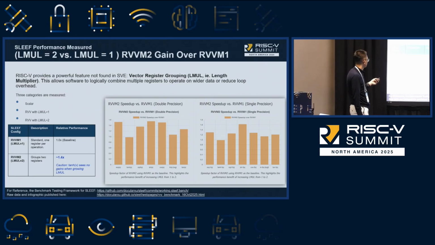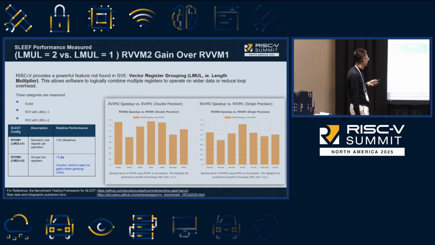So the conclusion is, longer LMUL, bigger is better, right? The only outlier is tanh. Everything else shows good results with RVV-M2. It basically increased the performance by 1.4 times. That makes me think maybe we should try even bigger LMUL, like length multiplier equals 4 or 8.